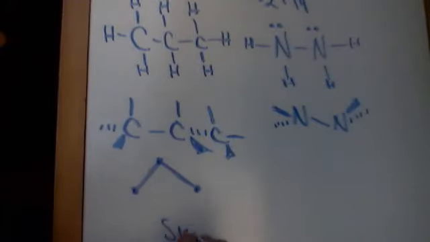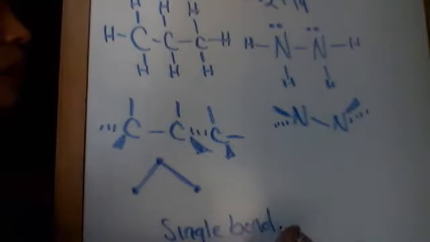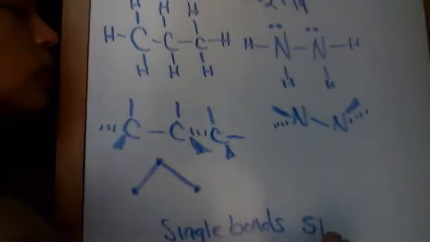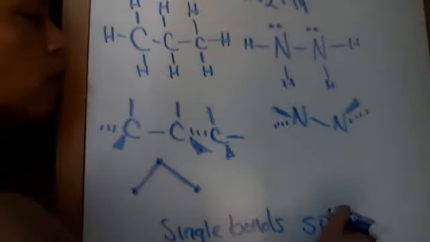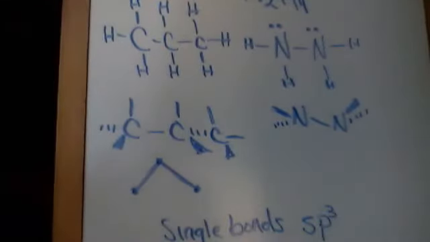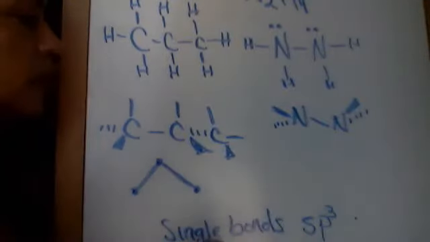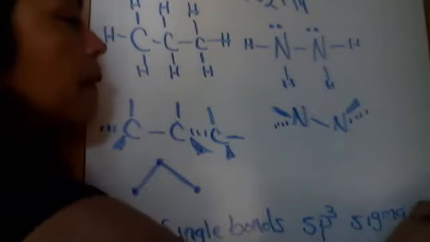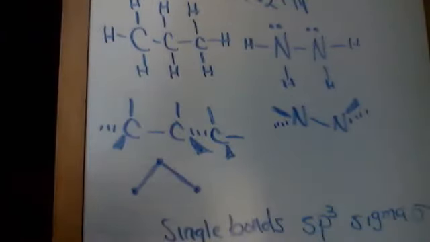Some things that you also have to get from this portion of the chapter is that single bonds come from a hybridization called sp3, and they are all called sigma bonds. When you mix two things, that's when you get a hybrid.